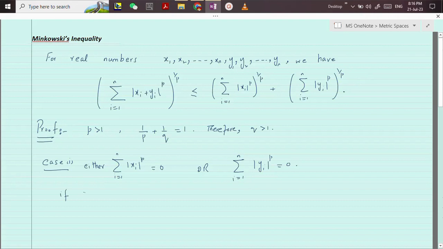When this one equals 0, it is only possible when each mod of xi power p equals 0, for each i, and this is possible when each mod xi equals 0, and this is possible when each xi equals 0.